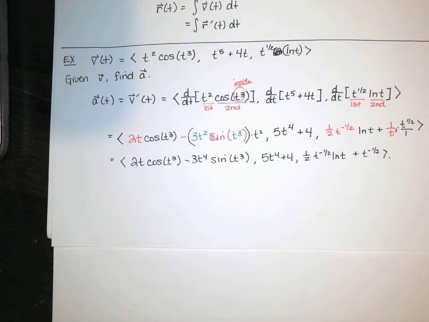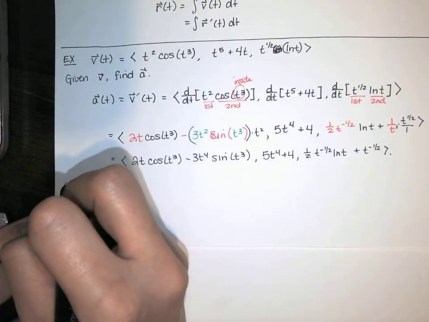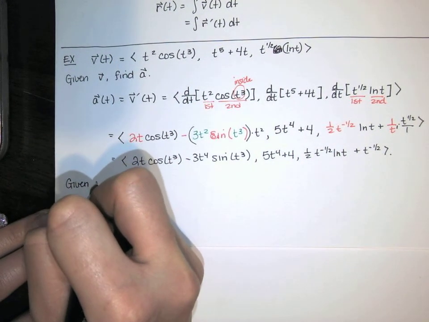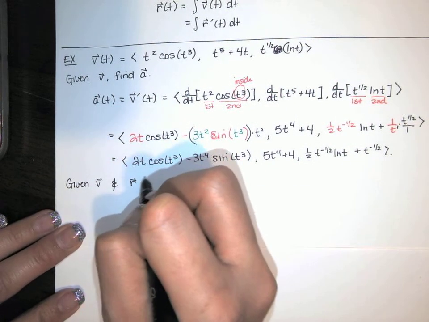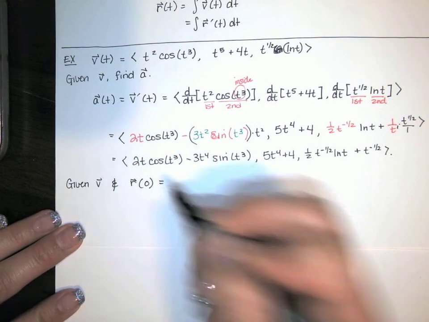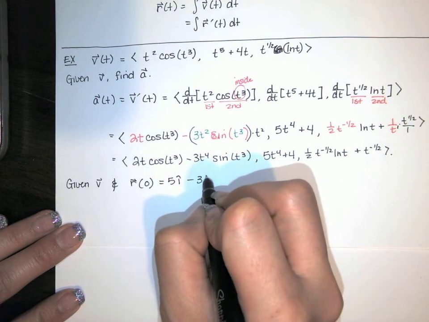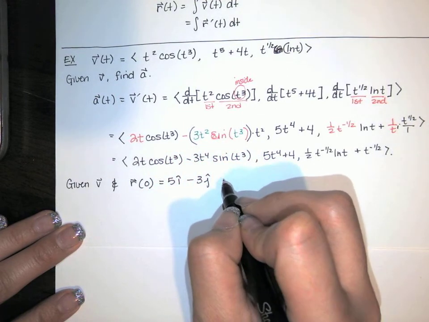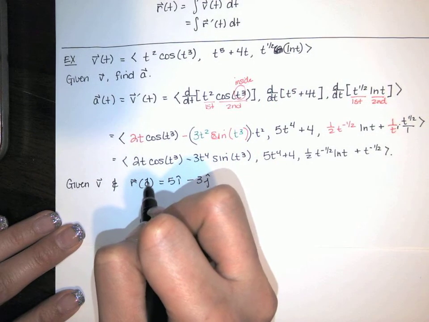So that's my acceleration. Now, if somebody gave me the same function and they said, given v and some initial position, so they say r of 0 is the vector 5 times i hat minus 3 times j hat. Actually, let's not plug in 0 because we've got a natural log of t there. Let's plug in 1.